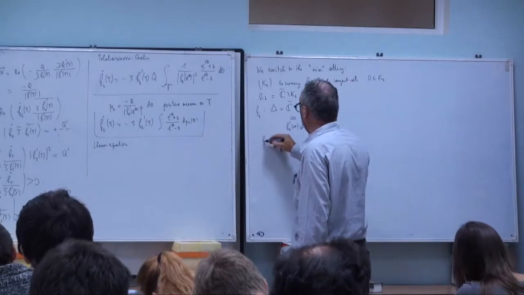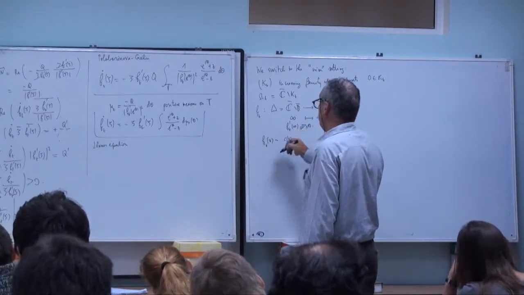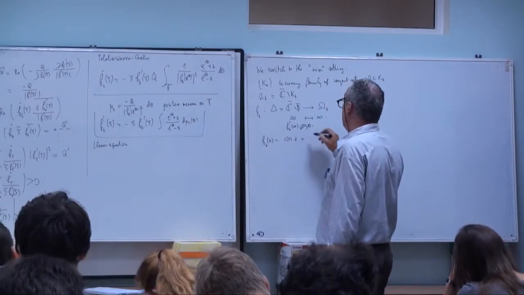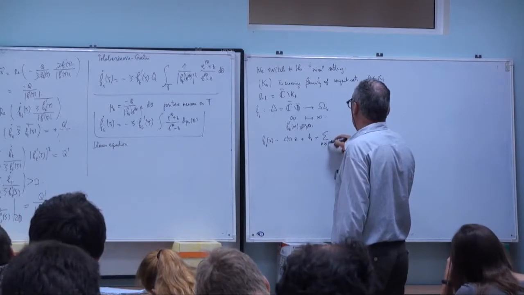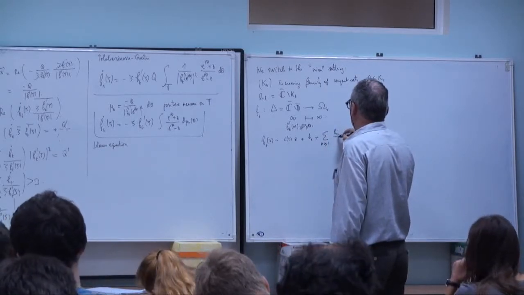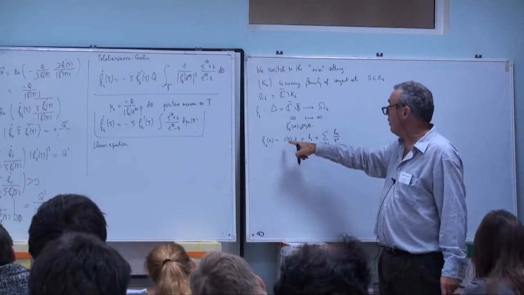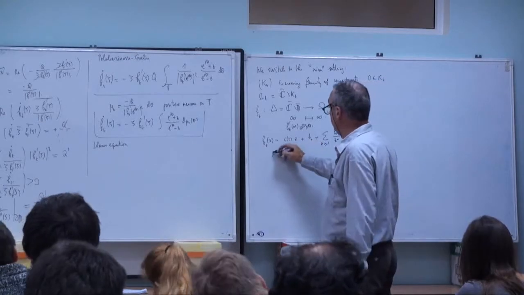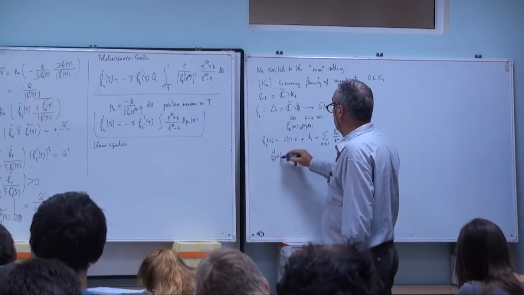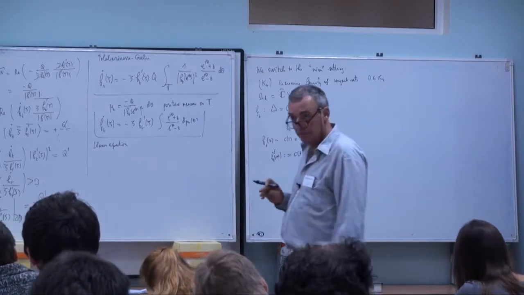Okay, so ft of z is something like c of t z plus b0 plus sum from n greater than or equal to 1 of bn divided by z to the n. So this is a Laurent development at infinity of ft of z, and c of t will be ft prime of infinity. So ft prime of infinity will be c of t, and we assume that this is positive. Okay.